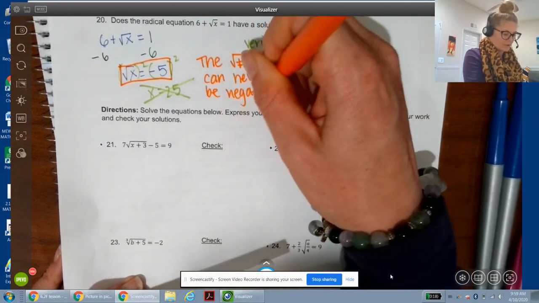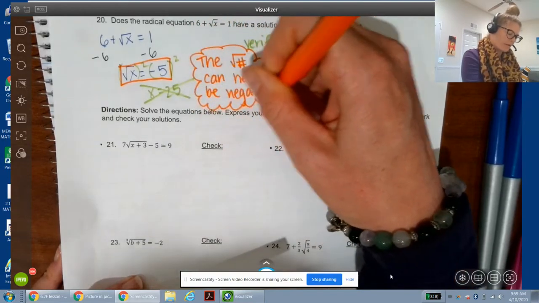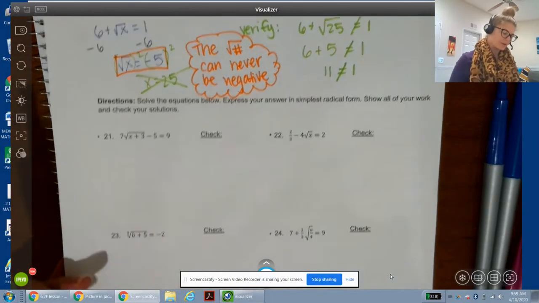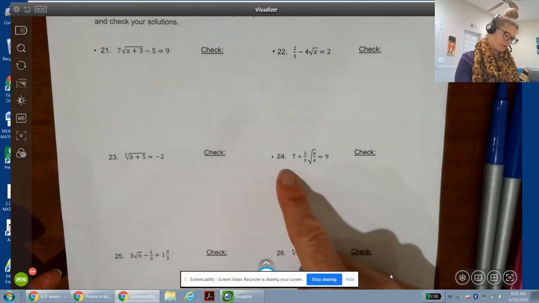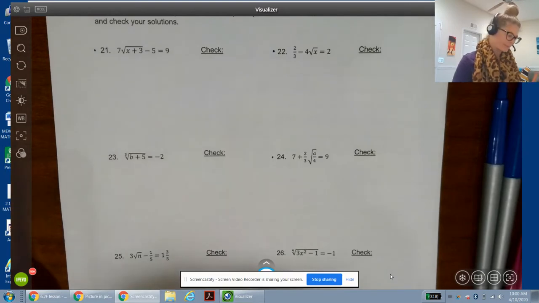There's no value in the whole wide world, real number, that will ever make this statement true. Cool. So we're going to go through some equations. I'm going to solve 21, 22, and 24 with you, and then you're going to pause me and work on the others, and we'll quickly finish this up.